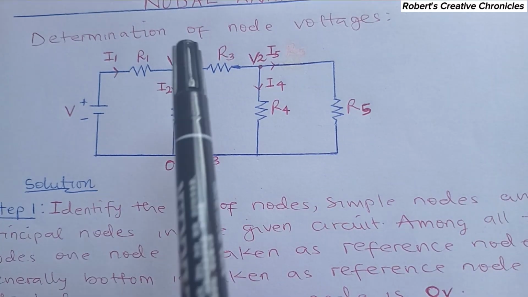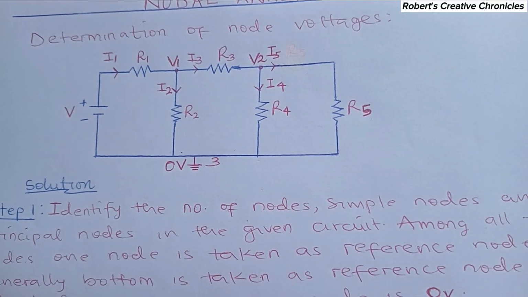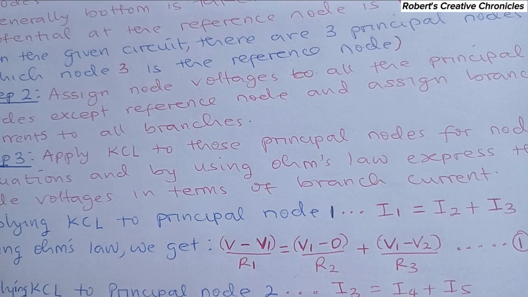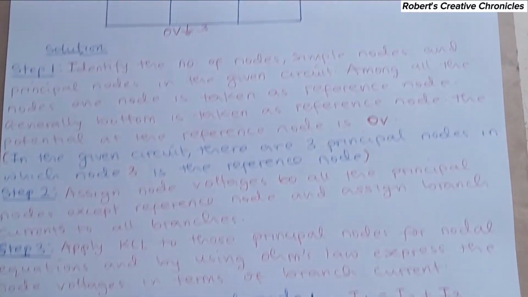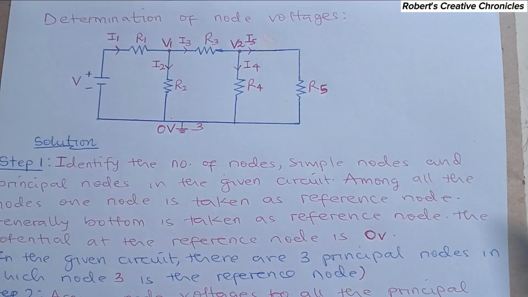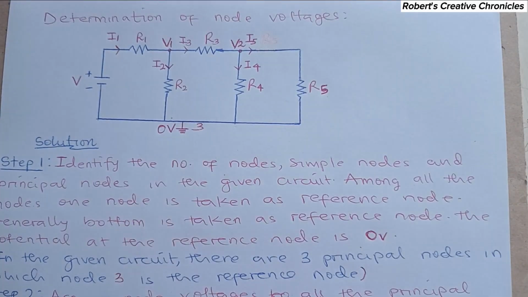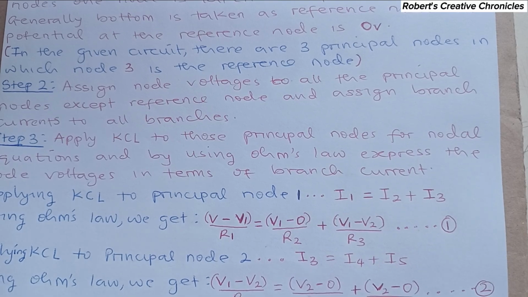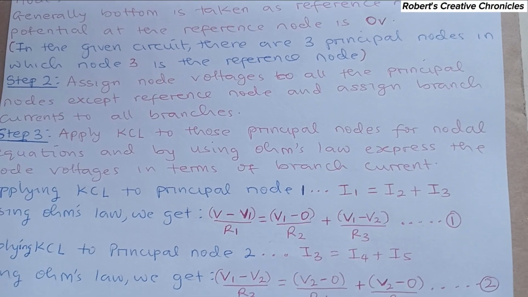So it will be V1 minus 0 over R2. Then the third one, I3, is V1 minus V2 over R3. That's all. Then we simplify this equation.